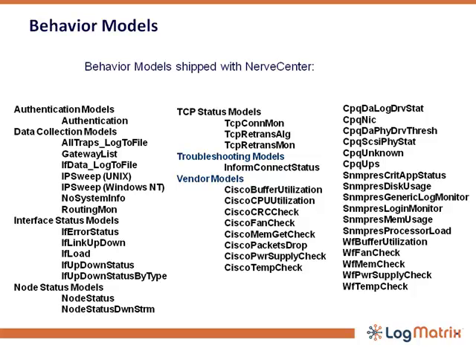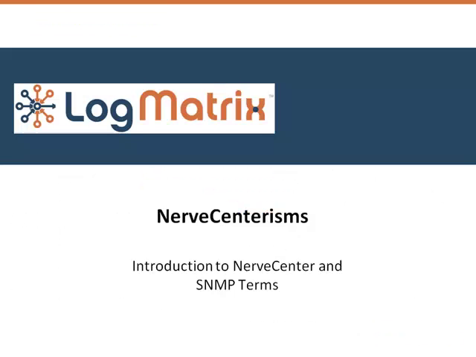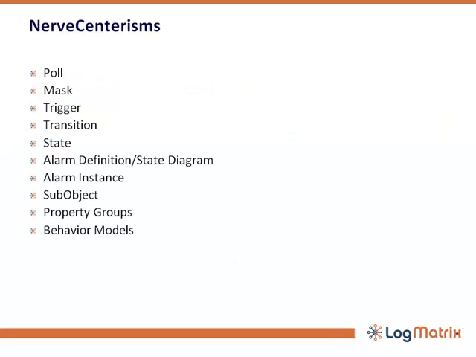There's troubleshooting. There's vendor-specific models. There's all kinds of things. NerveCenterisms, as we call them. A poll. A poll is an SNMP request for information. You write the poll using base objects.